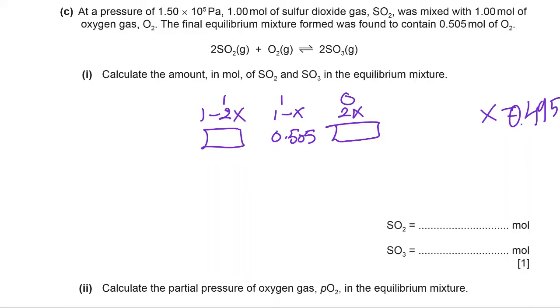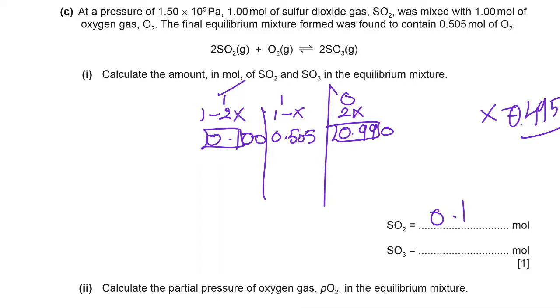So the number of moles of SO3, this number times 2, you have 0.99, and this one 1 minus 2x. 2x is already 0.99, so this one is 0.10. To make them the same number of significant figures, the number of moles of SO2 is 0.1 mole, and this one will be 0.99.